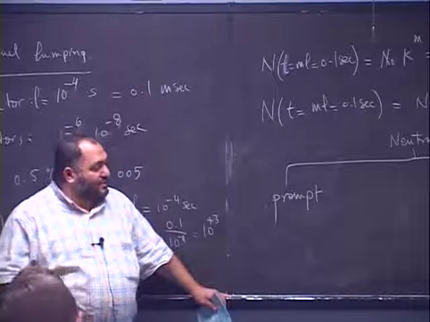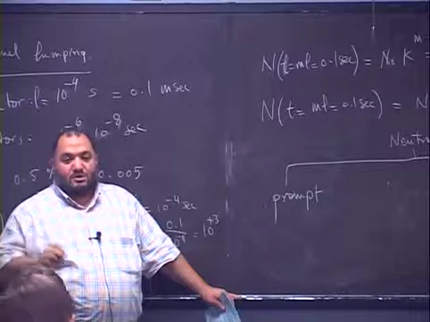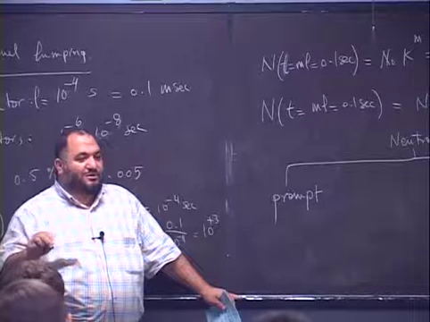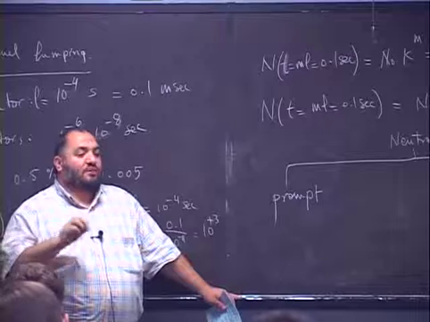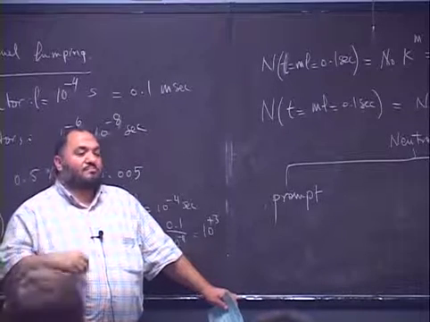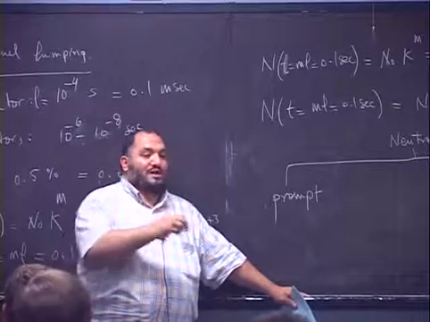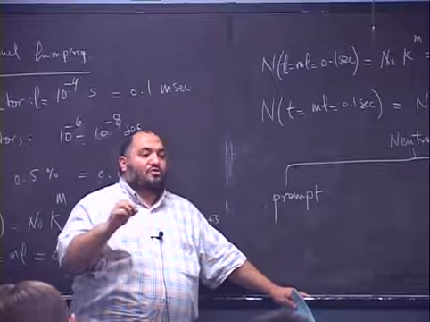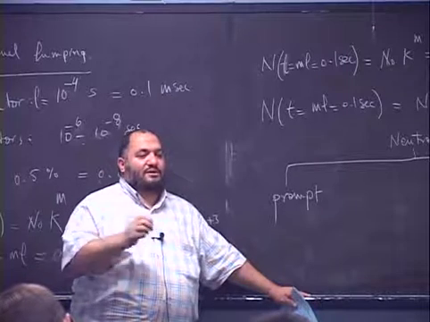The other type of neutrons are called delayed neutrons. Where do they come from? The fission products that are produced as a result of fission. Some of those fission products will be radioactive. Then they will go through nuclear decay processes. And some of those end up with, let's say, beta decay, then they will emit a neutron.